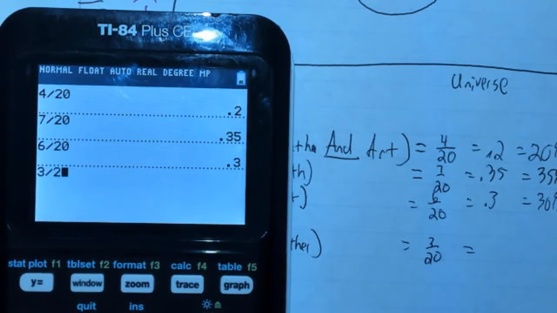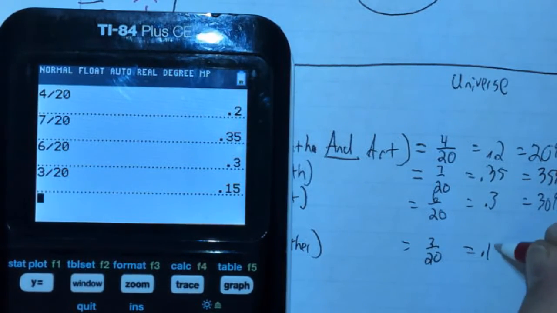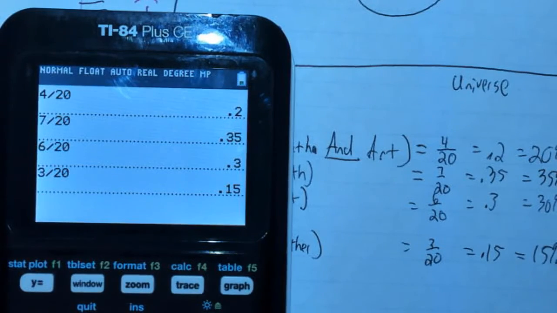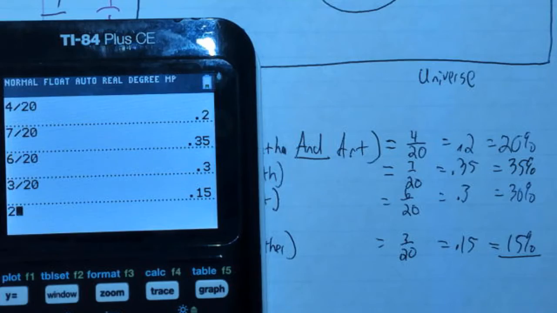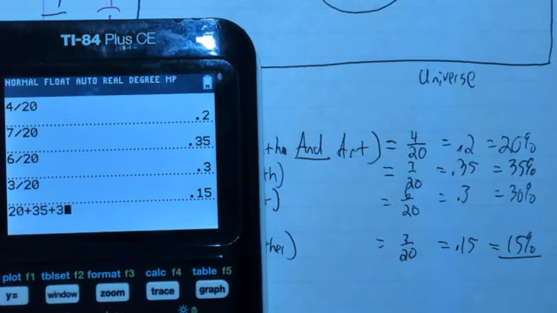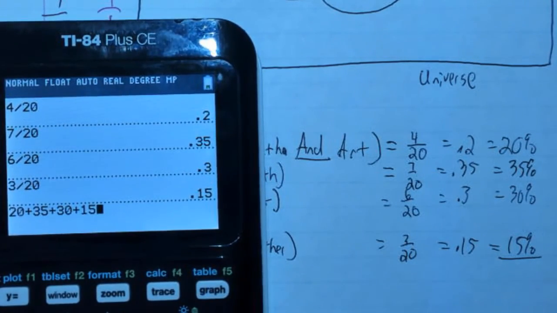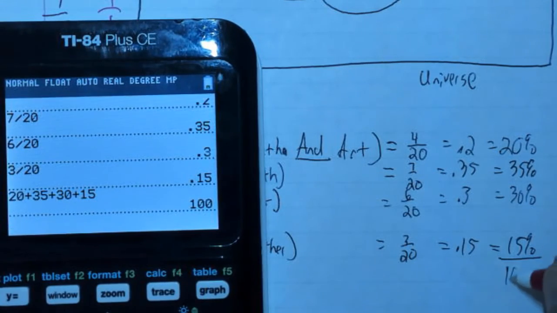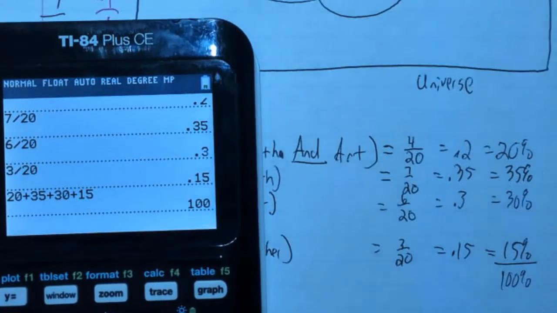And 3 divided by 20 is 0.15, which is 15%. Now let's add all those together just to make sure that we have 100. 20 plus 35 plus 30 plus 15. Sure enough, came out to exactly 100%.